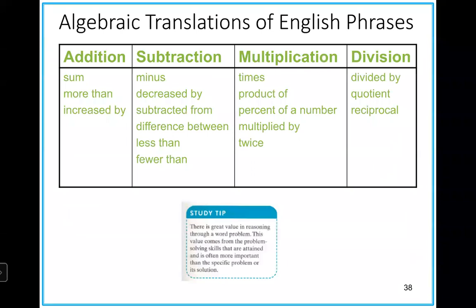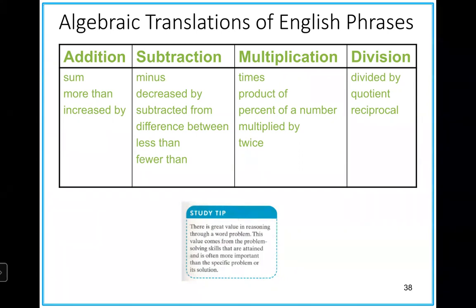Now, in terms of algebraic translations to English, because we're solving problems, of course, you should be familiar with some of these words here. Some of them mean addition. So anytime you see sum, more than, increase, and so on, that's addition.